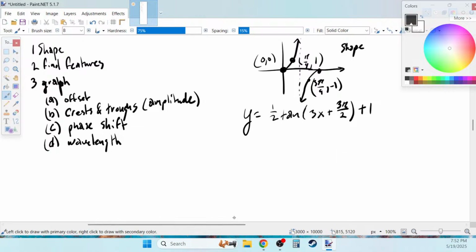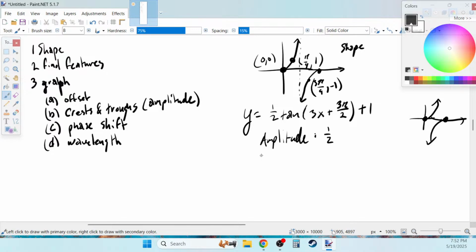So I look at this and I say, I understand the shape of the tangent: it starts at 0, 0, goes up to an asymptote, comes up from negative infinity, hits 0 again. This is the general shape. Now I need to find the features. The amplitude is 1/2.